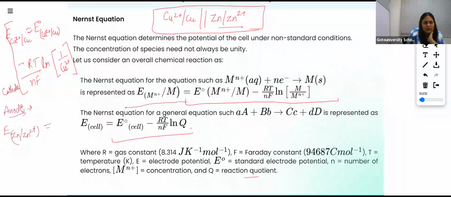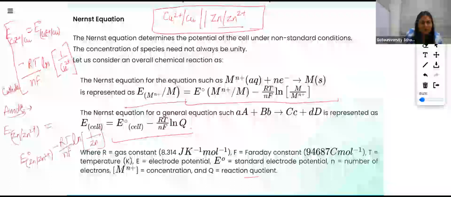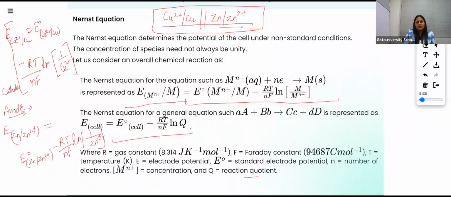That equals the standard electrode potential for Zn to Zn2 positive, minus RT by nF natural log 1 by Zn2 positive. So now we have written the Nernst equation for this cell representation.